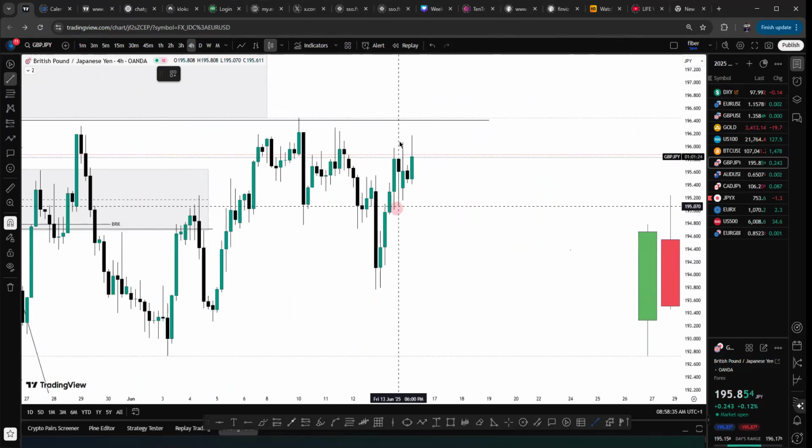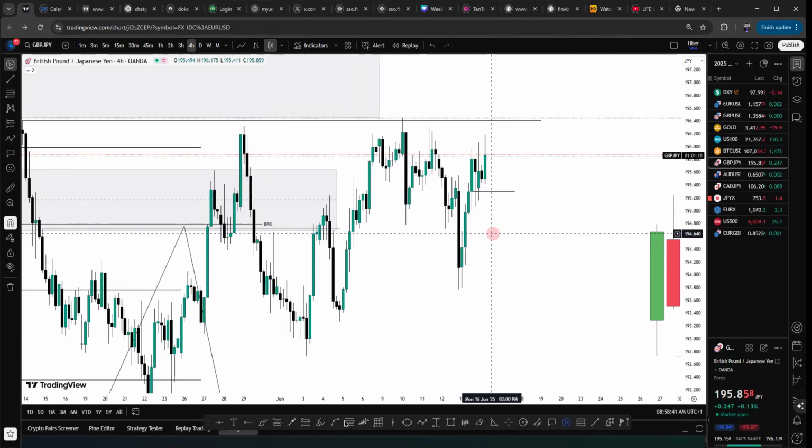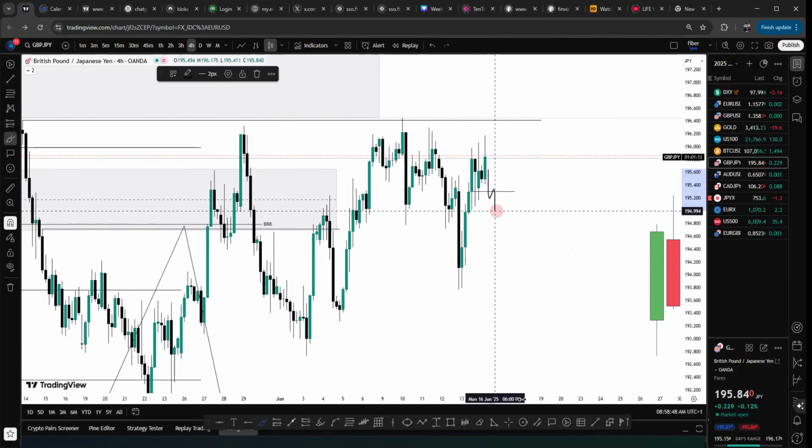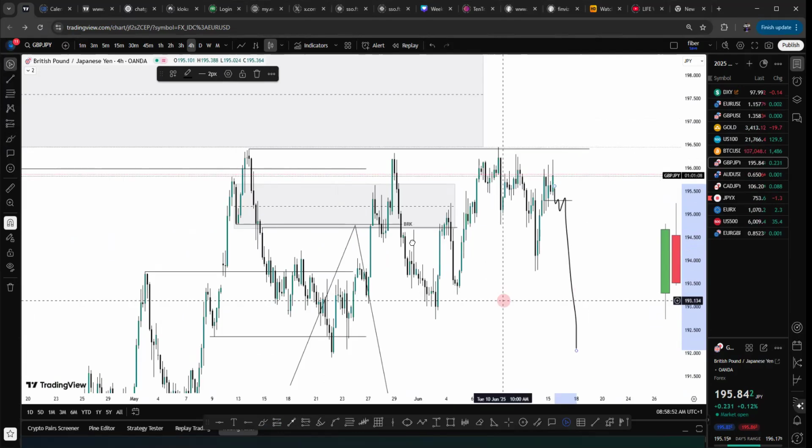If price closes below this heavy bullish candle, below the opening of that candle, that will give us more confirmation that price really wants to move lower, and then we can start looking for shorts from there.